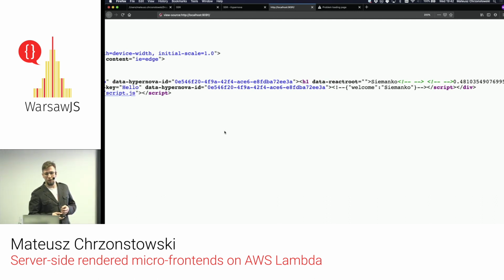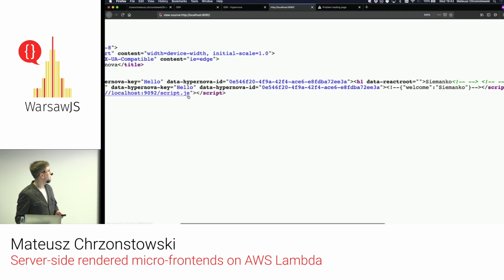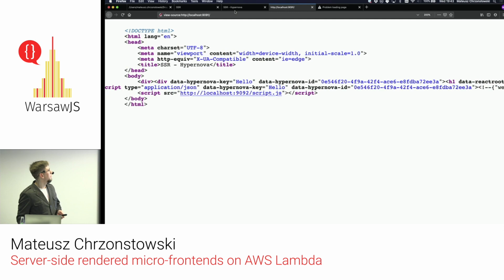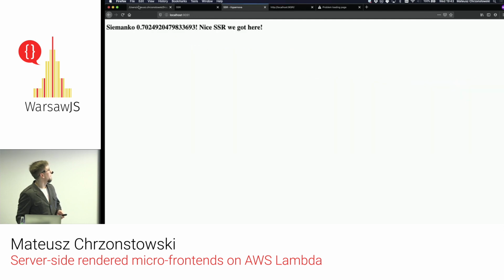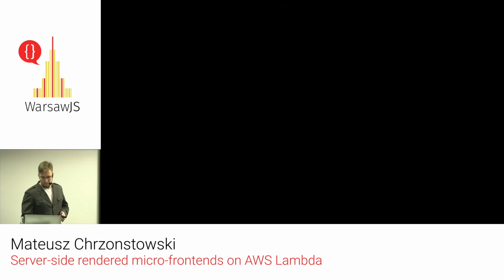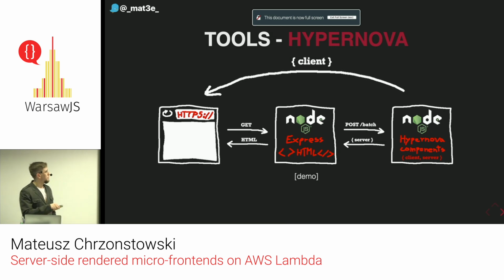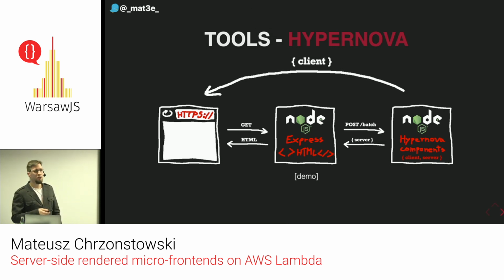So everything was initially rendered on the Hypernova server, then it was passed to the Express server, and we got the response, hydrated it, and we get an interactive page like that. So this is nice. This Hypernova is worth remembering because it will help us a lot with these micro-frontends.